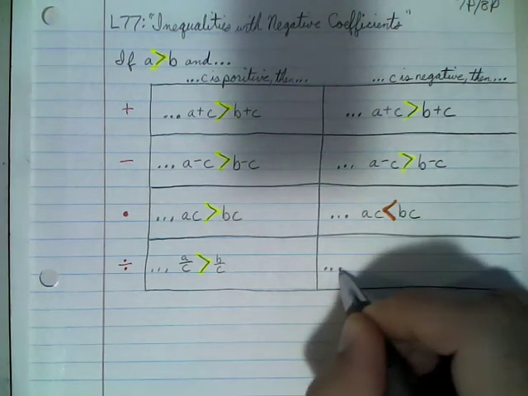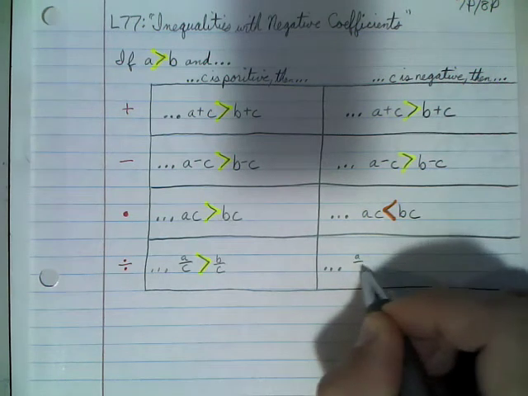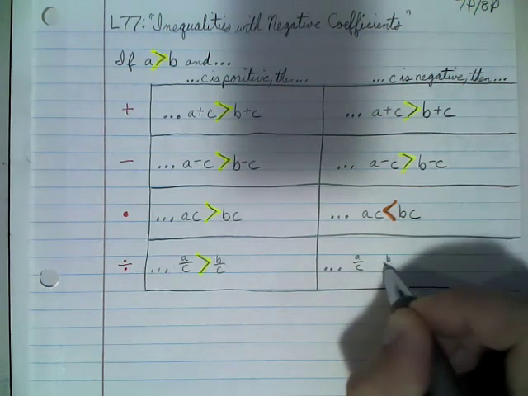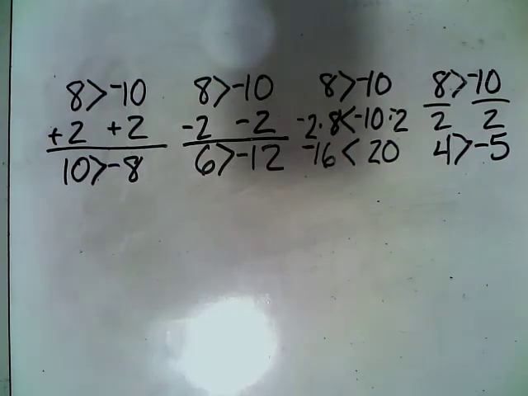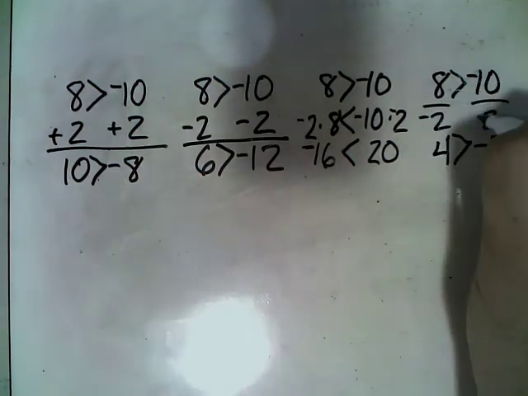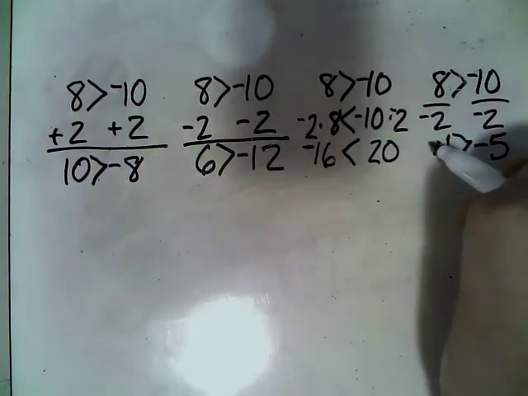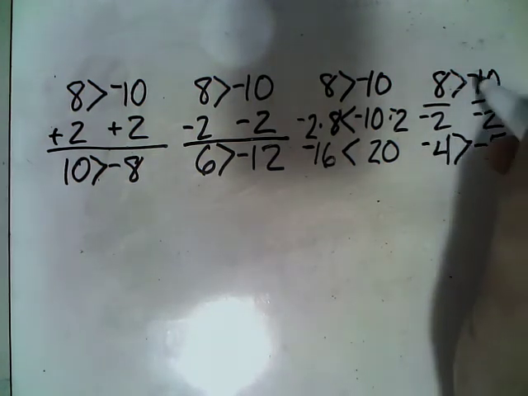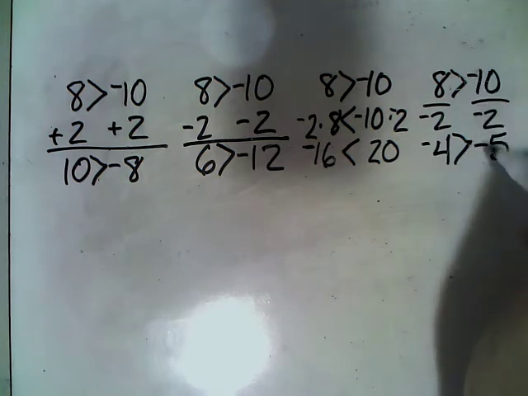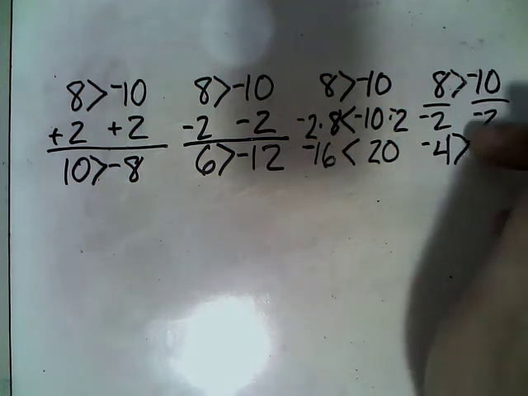All right, last one here. So what happens if I divide both sides by a negative? So if I look at my board here, this time we're going to divide by negative 2 on both sides. So a negative 8 divided by a negative 2 would give me a negative 4. A negative 10 divided by a negative 2, these two negatives would cancel, giving me a positive 5.